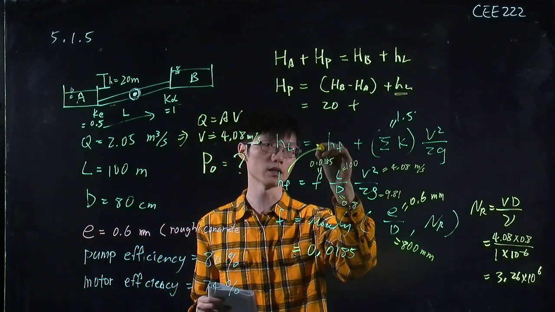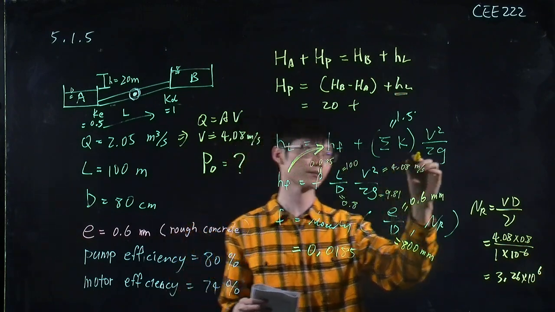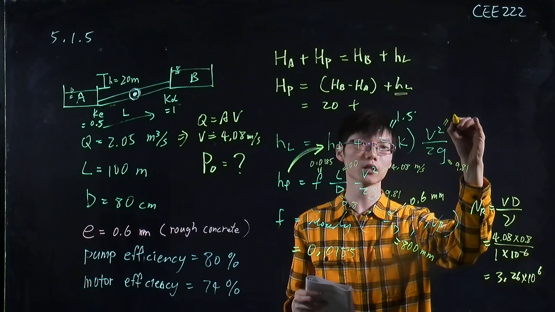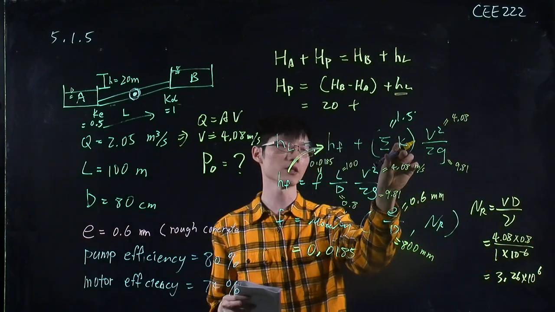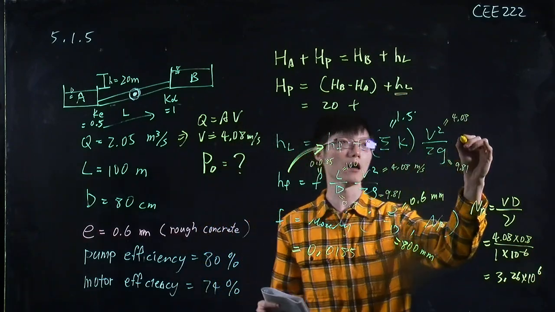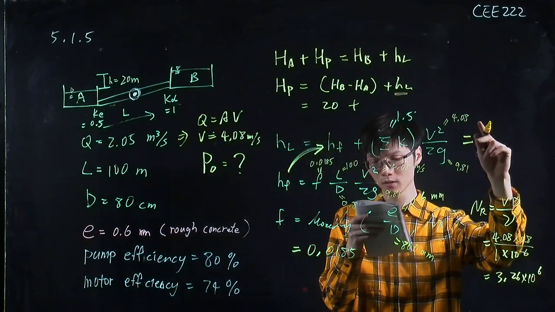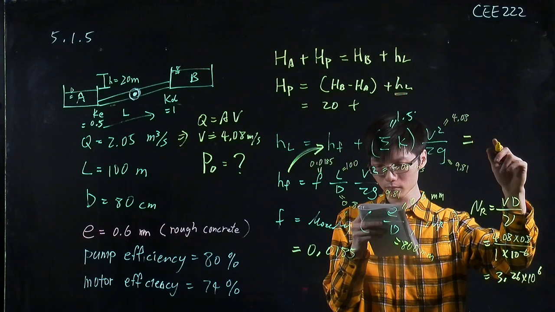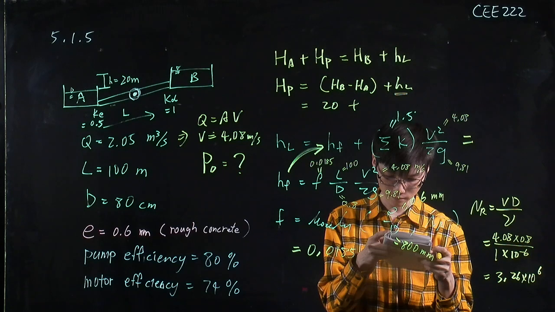Then you can plug this friction head loss into here. And similarly, G is equal to 9.81, the velocity is 4.08, and you know that the summation of the K is equal to 1.5. So you know everything for this equation, and we can calculate the head loss.